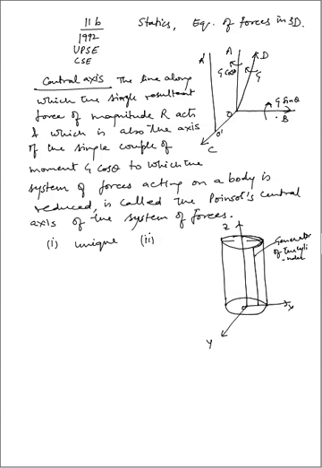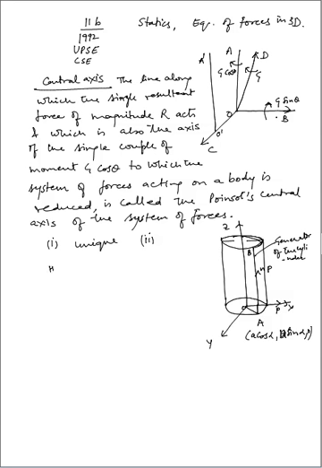Then we have a point here. A's coordinates are a cos alpha, a sin alpha, 0. P is on OX. This is the force, and nP on the generator.